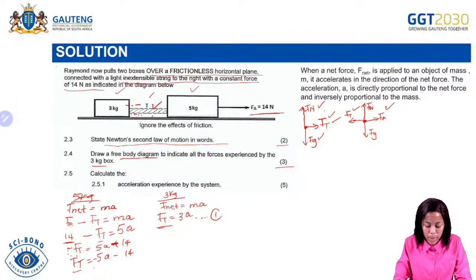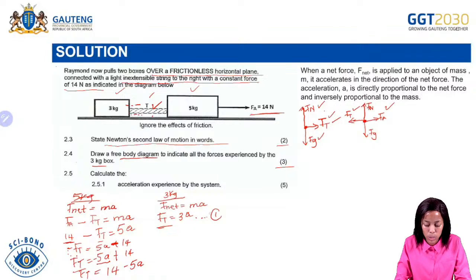Dividing both sides by the negative meant that we'll have a negative 5A and a positive 14. So just to change it around, we can say tension is therefore 14 minus 5A.